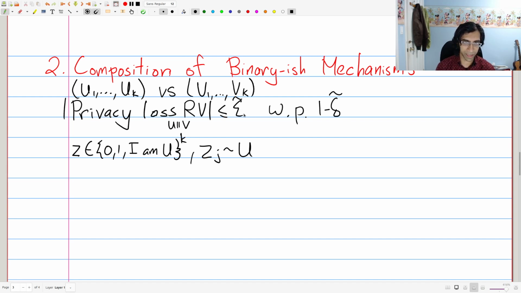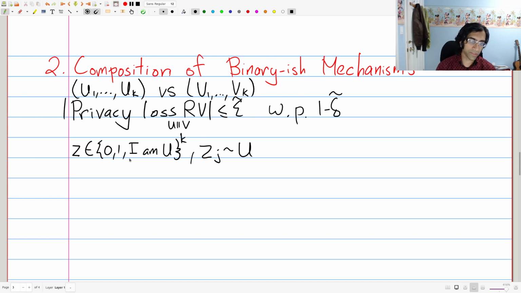Remember that we're trying to say that the privacy loss random variable is bounded with high probability, but let's get rid of some events which make it obviously unbounded. In particular, recall that if any of these Z_j is realized as ⊥, then in fact the privacy loss random variable would be infinite, because V assigns probability 0, and anything non-zero divided by 0 is infinite.